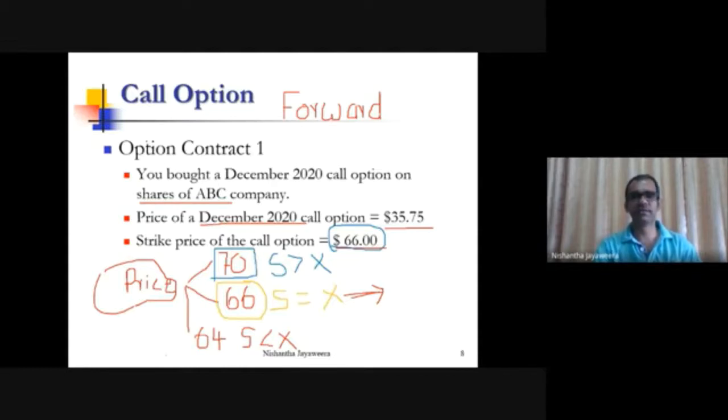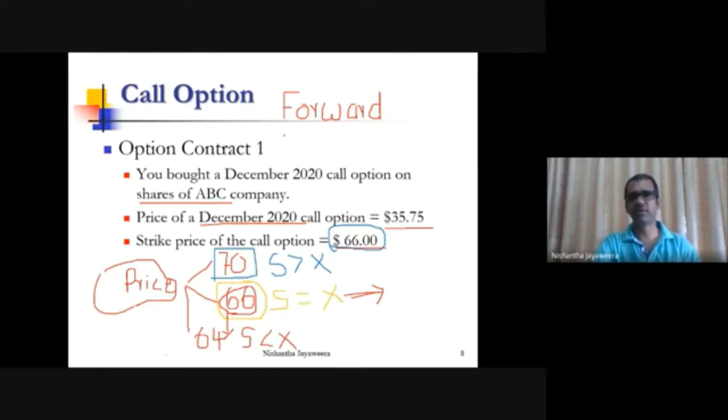So whenever you have the gain here, you need not go to the option seller and buy the asset at the strike price. You can go to the market and buy it at the market price. So whenever the market has moved in your favor, you can get that advantage.